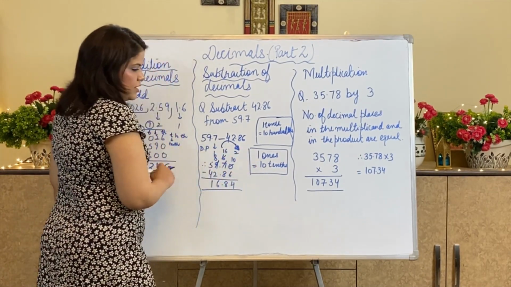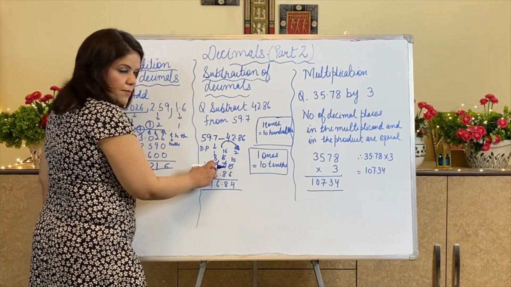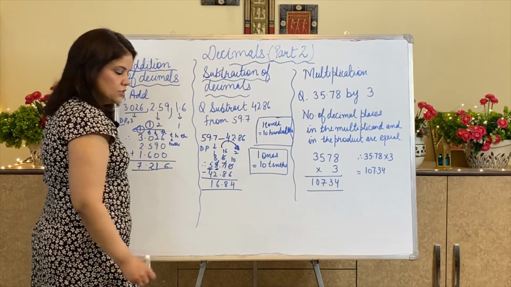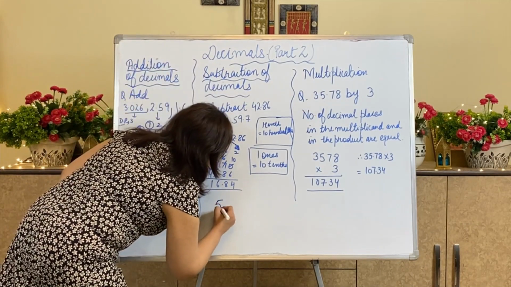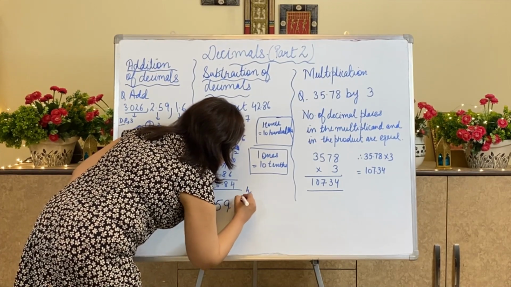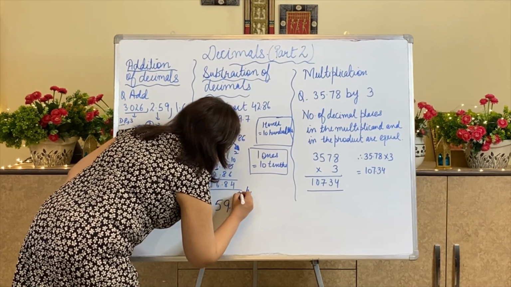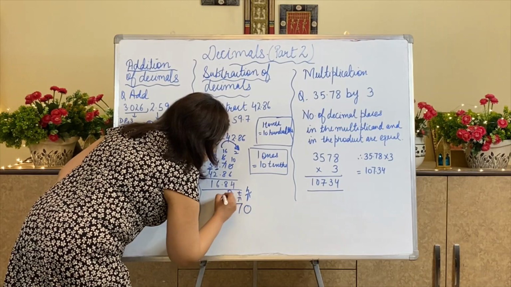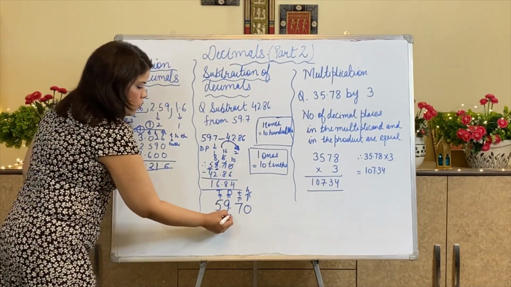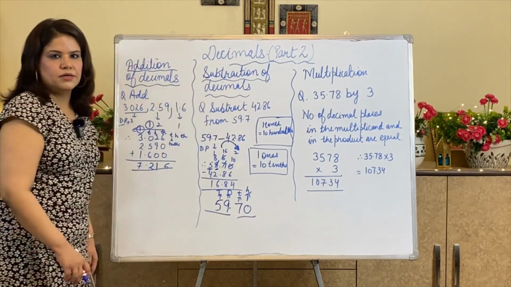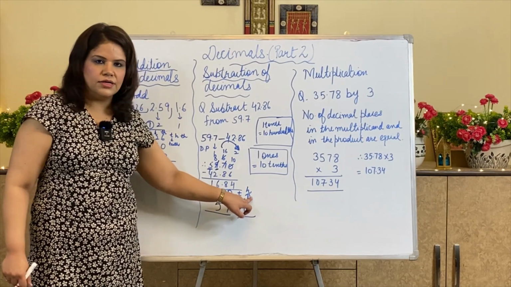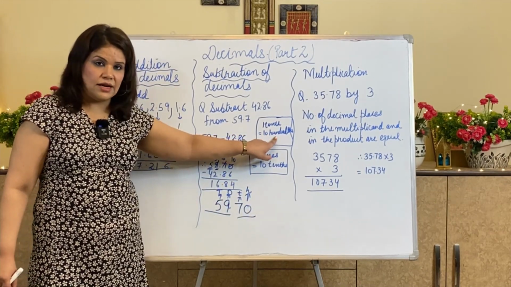And in 59.70, this is my hundredths, this is my tenths, this is my ones and this is my tens. This is a whole number, this is a decimal part. Understood? If 1 will go from tenths to hundredths, it will be acting as 10 hundredths.